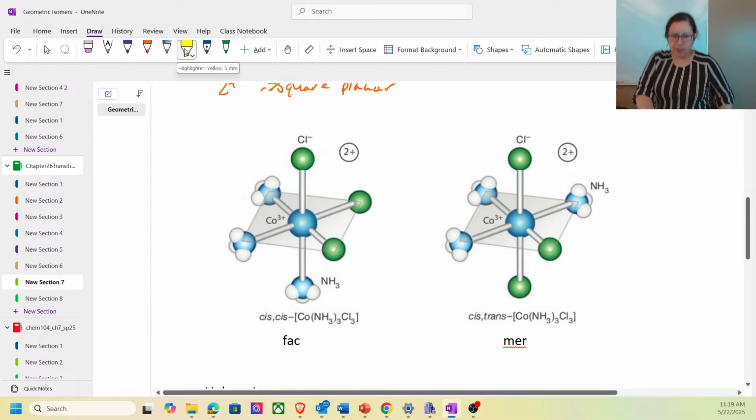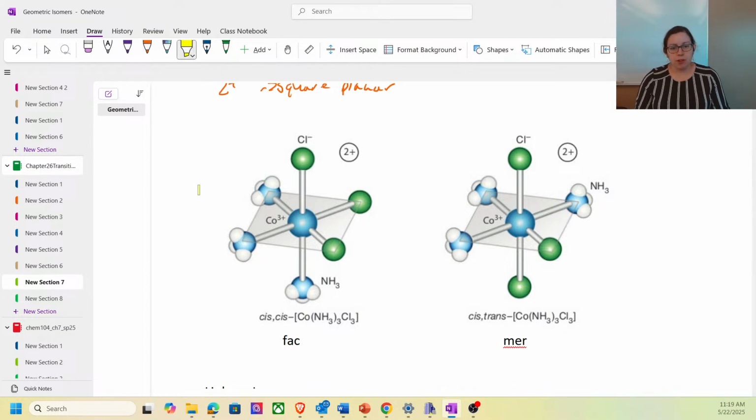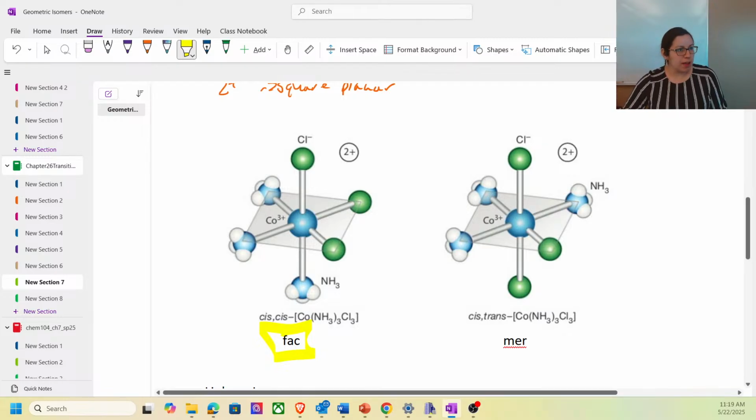I've honestly never seen this until your book. Your book refers to this one as the cis isomer, or I've only seen this term, the FAC, so kind of like facial is the way I've come to think about it.